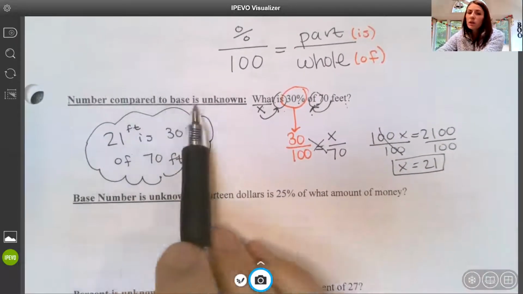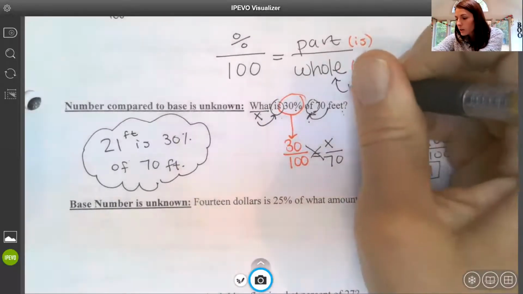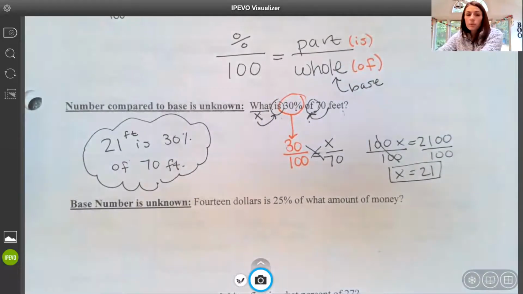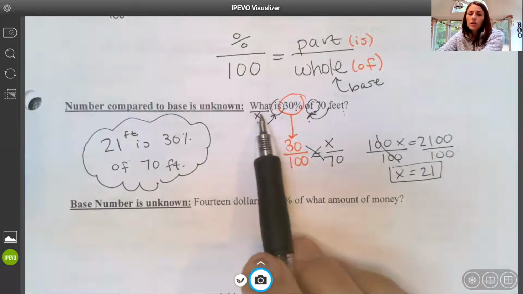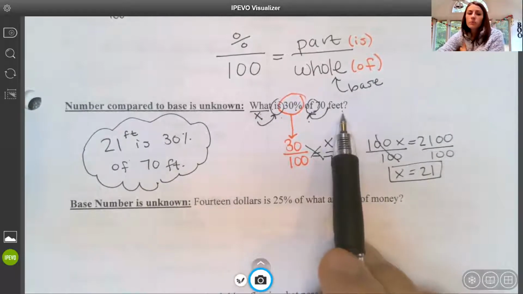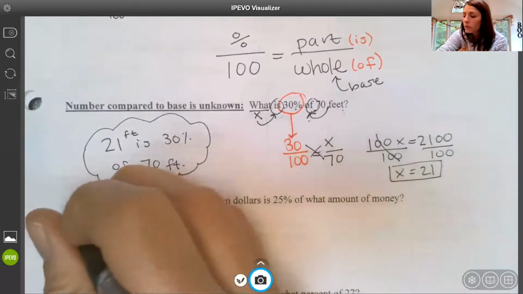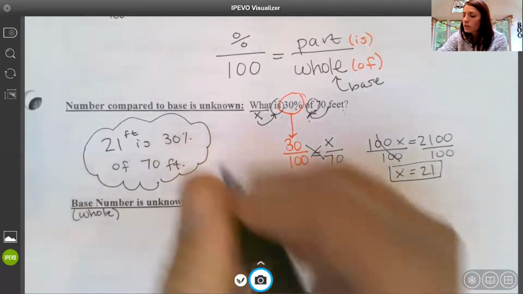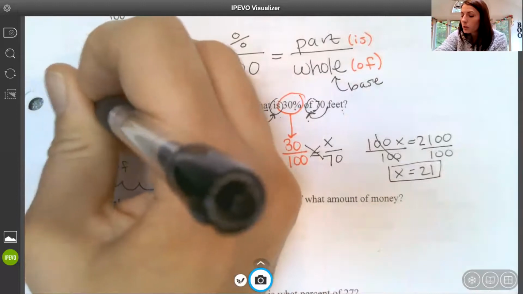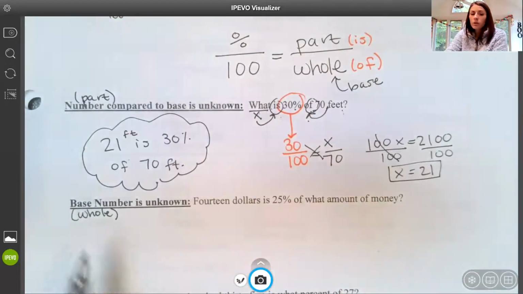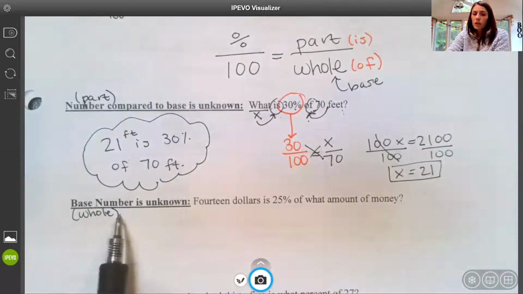And it says number compared to the base. So it's calling this value the base, and comparing this unknown to a base of 70 feet. Or we could have the base number unknown, which means the whole part. Okay, so here the part is unknown. Now this time our whole value will be the unknown.